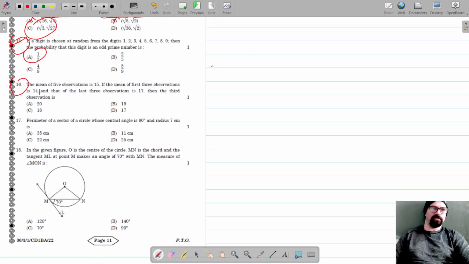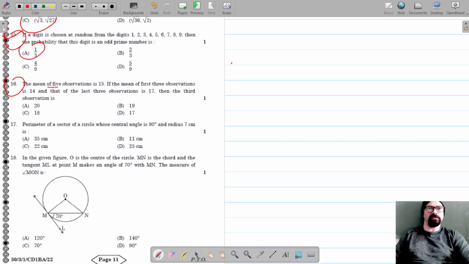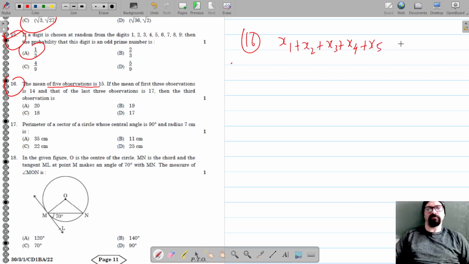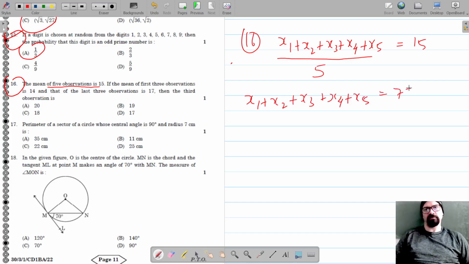Moving on to question number 16, the mean of 5 observations is 15. So let the 5 observations be x1, x2, x3, x4, x5, and the mean is the sum divided by 5, which is 15. This gives me the sum of the 5 observations: x1 plus x2 plus x3 plus x4 plus x5 is equal to 75.